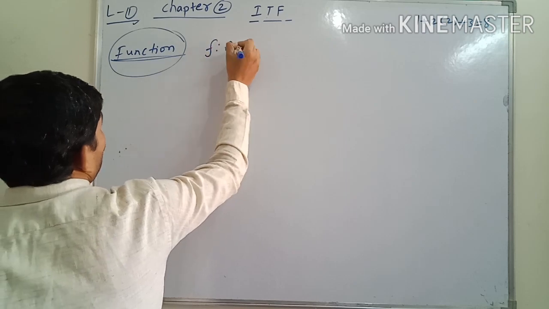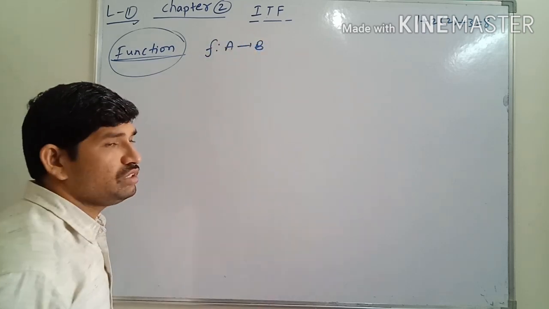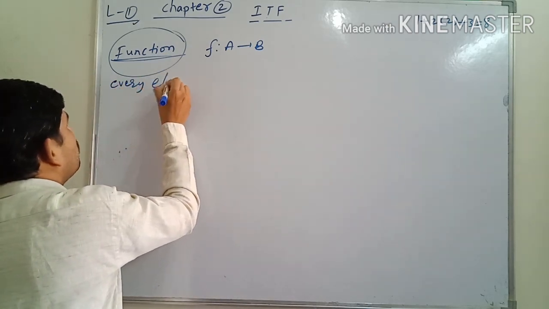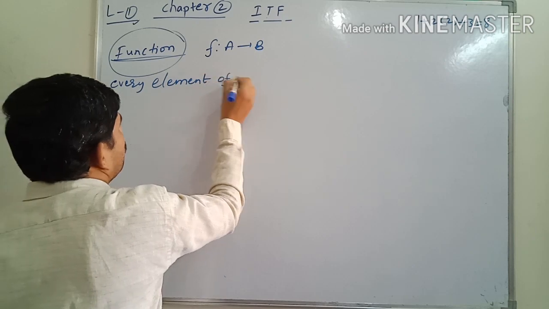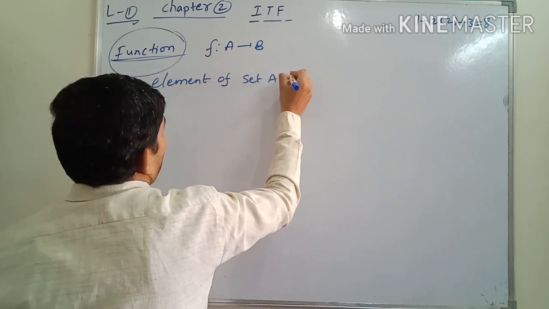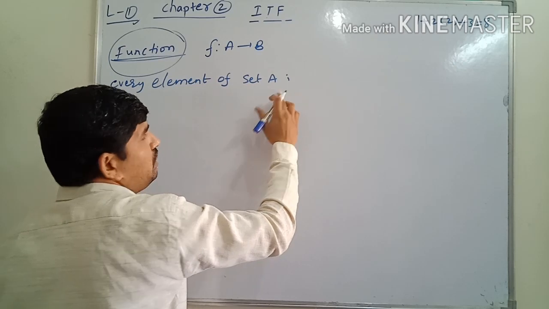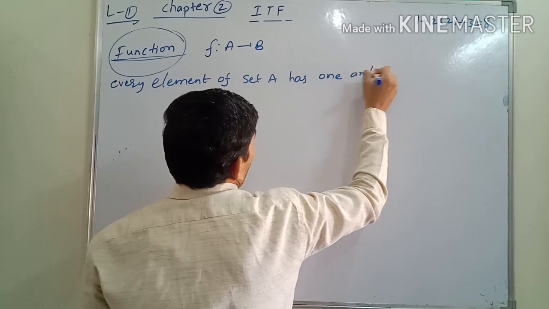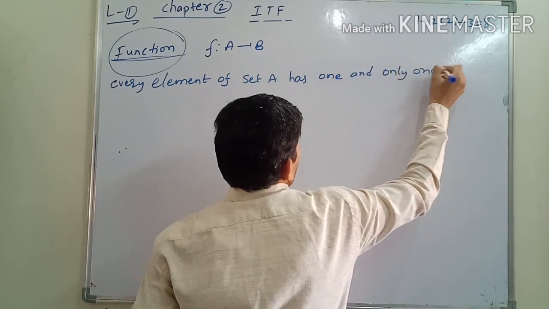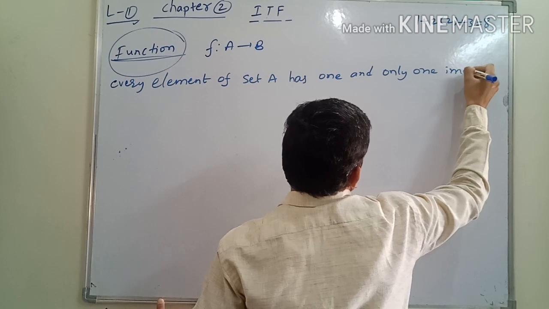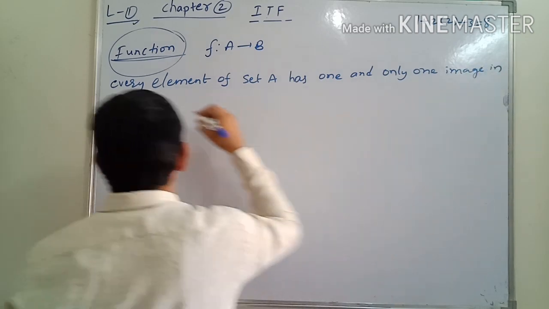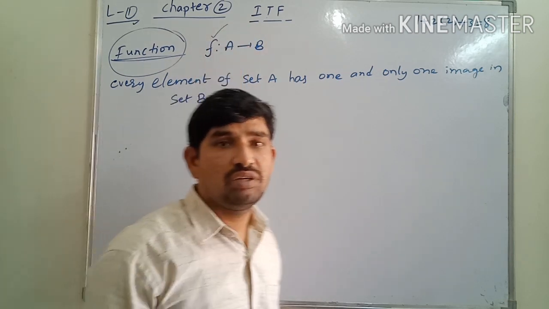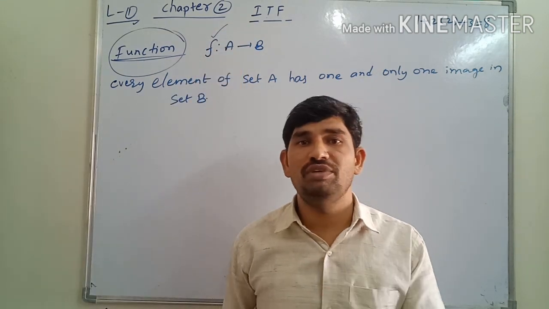Suppose f is from A to B. We are going to say it is a function if every element of set A has one and only one image in set B, then we can say f is a function from A to B. Remember this definition.